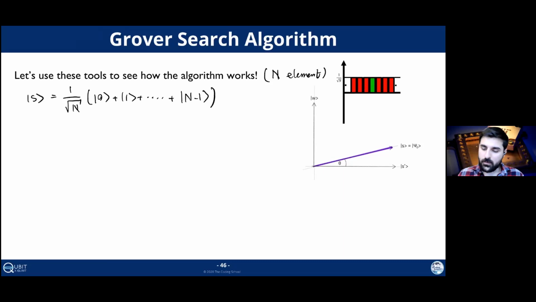Now, let's break down our world into two possibilities, or states. The first option is the W state, the winner that we're looking for.